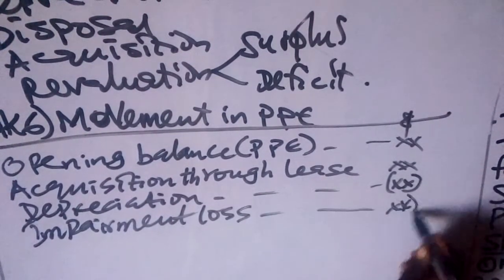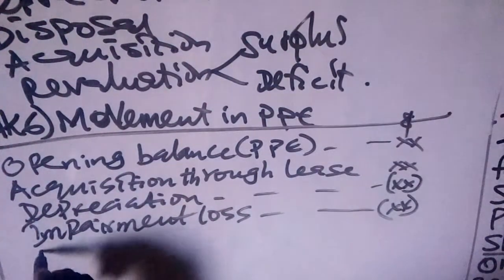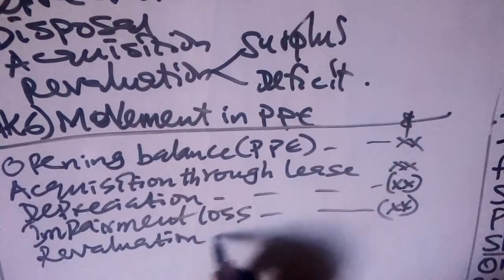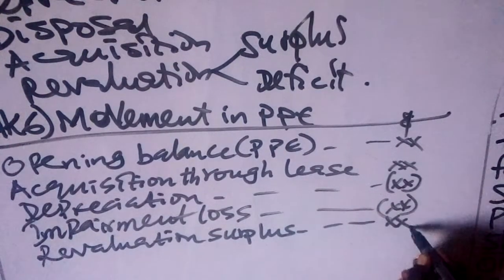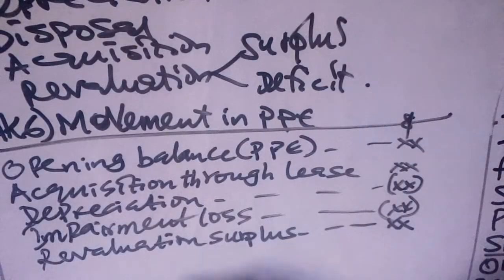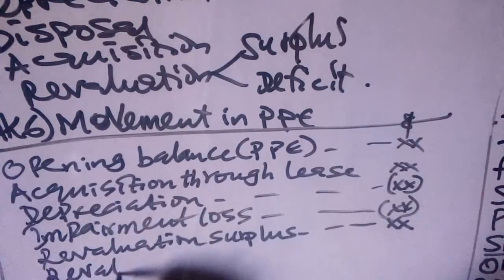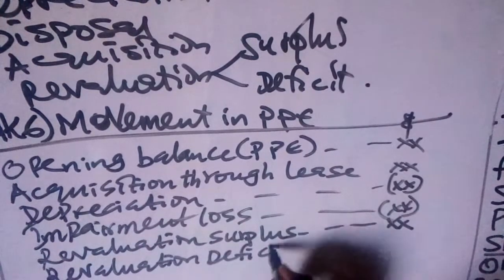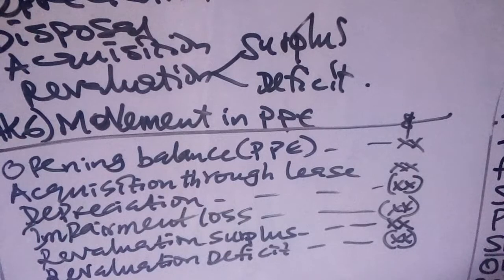Where it is revalued, you can have revaluation surplus or fair value gain, and the PPE will increase. Where it is revalued downwards, revaluation deficit or fair value loss, PPE will reduce.